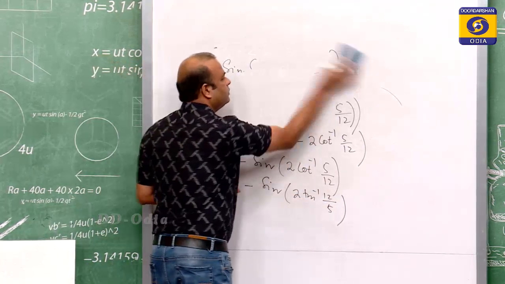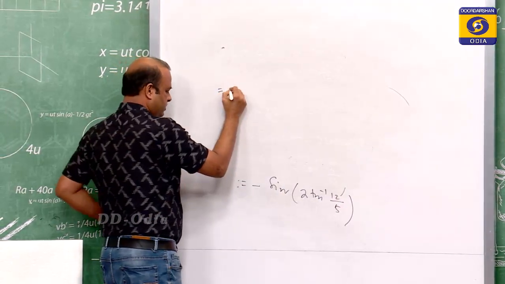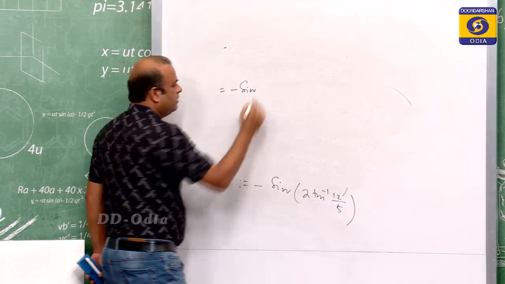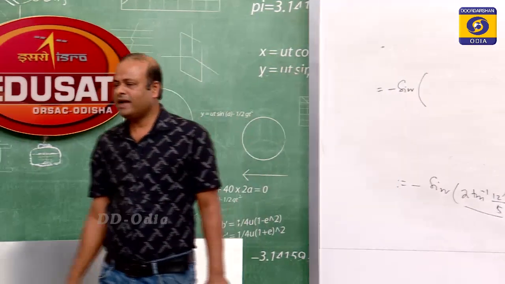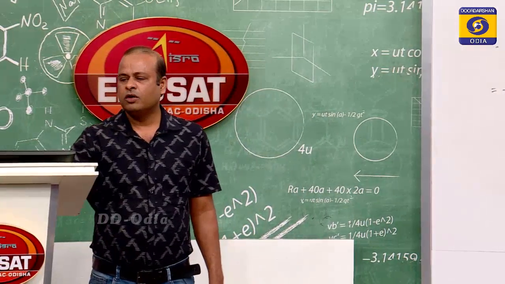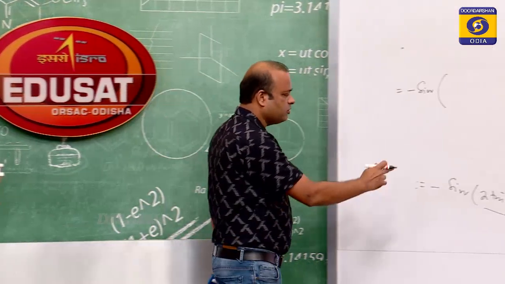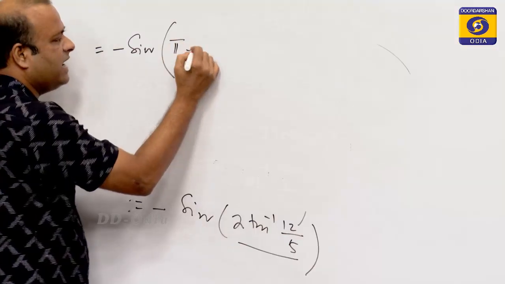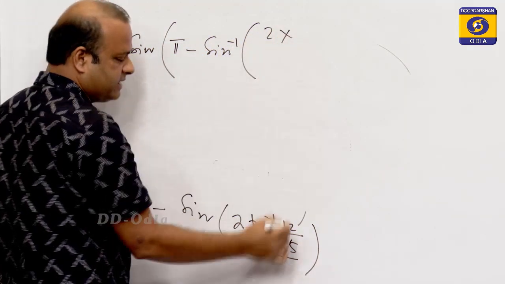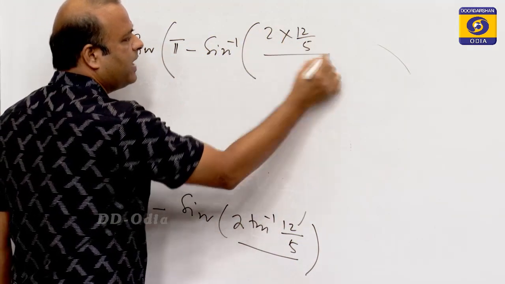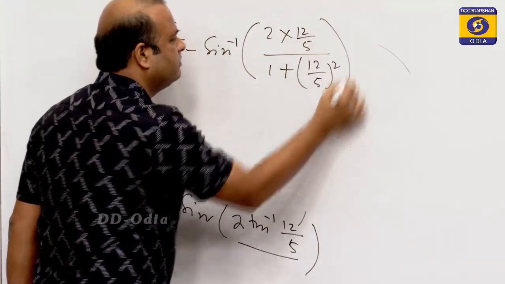Now express this one, minus sine 2 tan inverse 12 by 5. 2 tan inverse 12 by 5 is your pi minus sine inverse 2x by 1 plus x square, with x equal to 12 by 5, that is 12 by 5 by 1 plus 12 by 5 whole square, right?